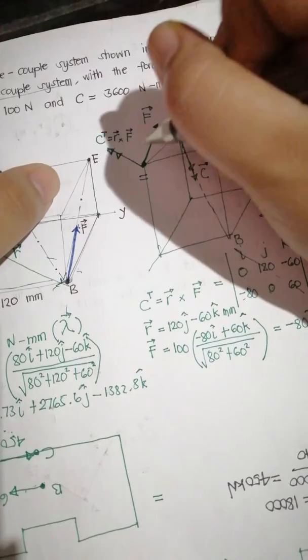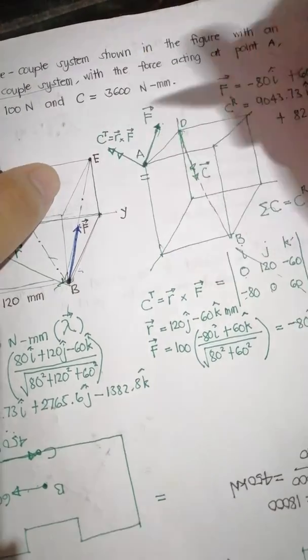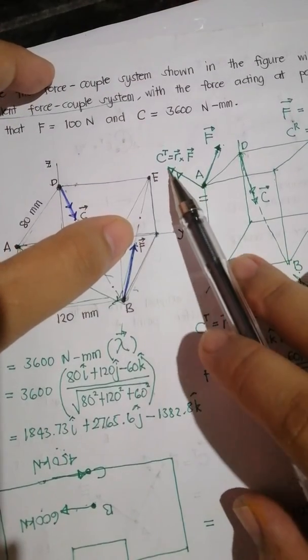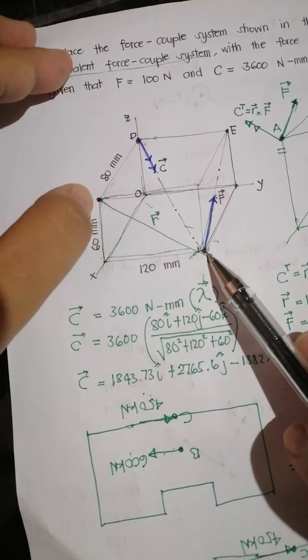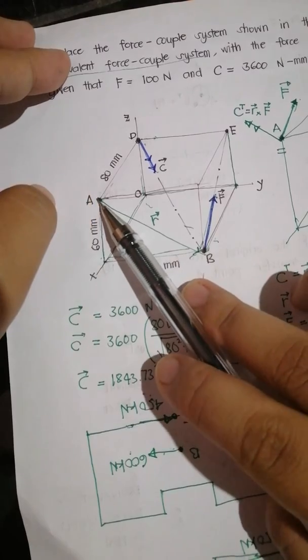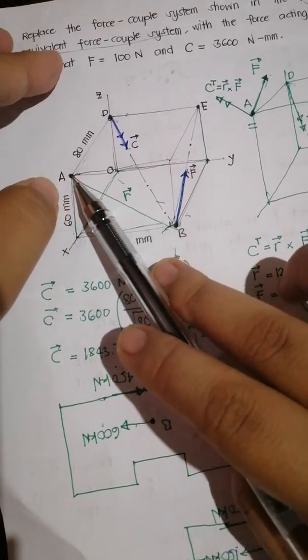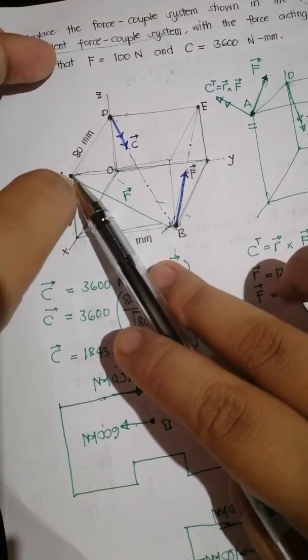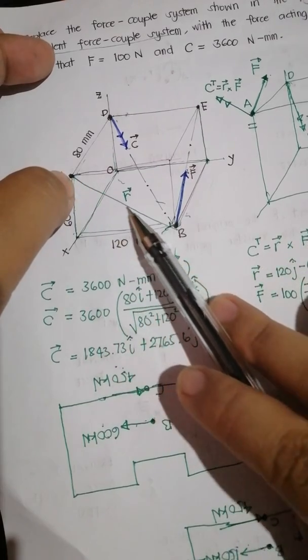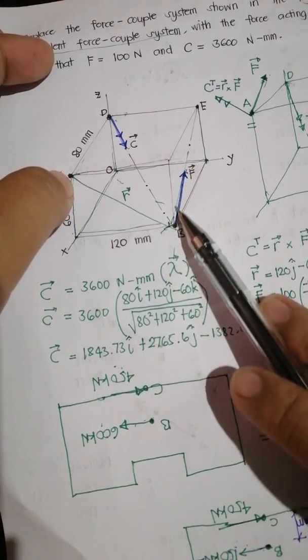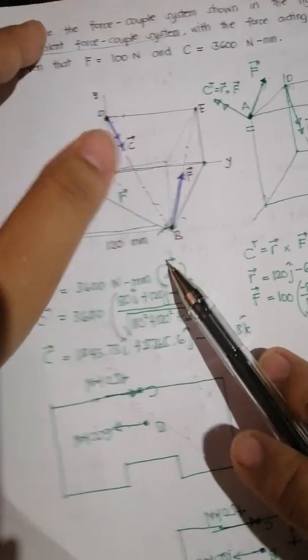Since our transfer point here is point A, the couple of transfer is the moment of this original force about the transfer point A. Since this is the moment center, the R position vector should be from the transfer point to any point on the original line of action of the force vector F given.